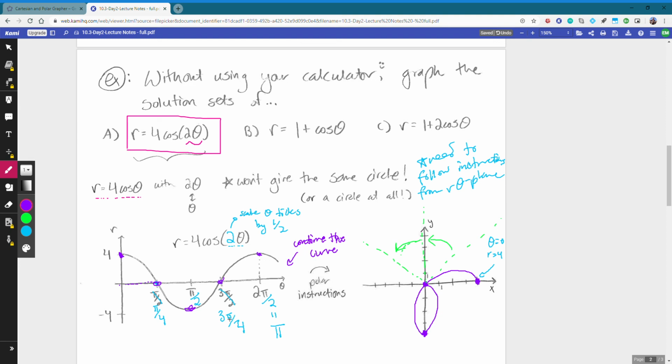Now moving from 3 pi over 4 to pi with our arrow, what's happening to r? Well, r is getting more and more positive up to positive 4.